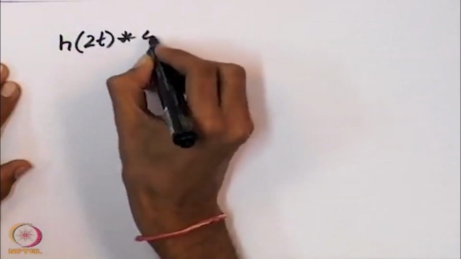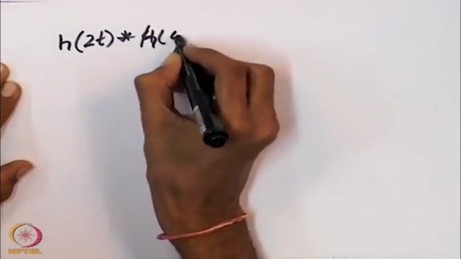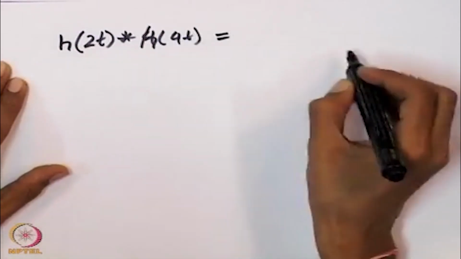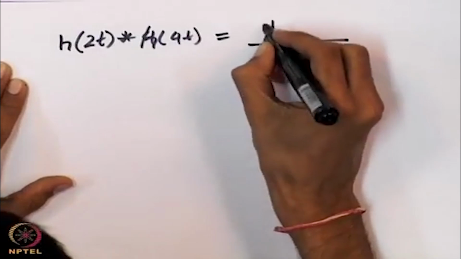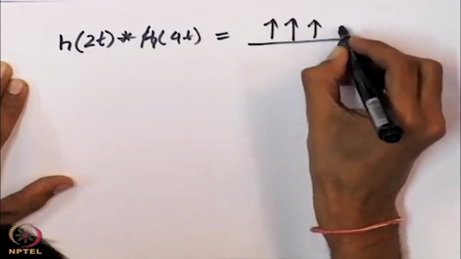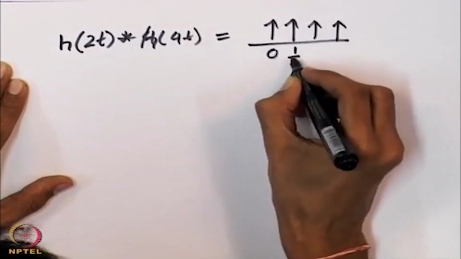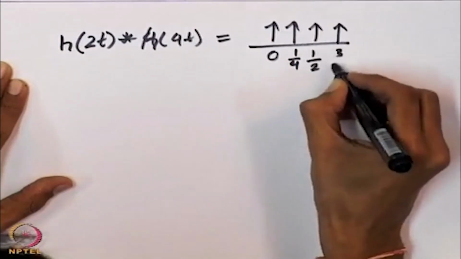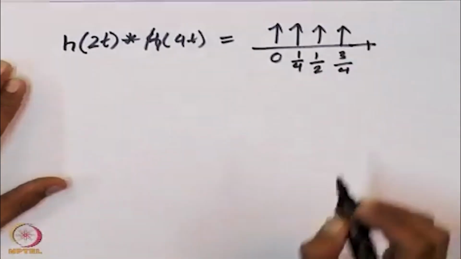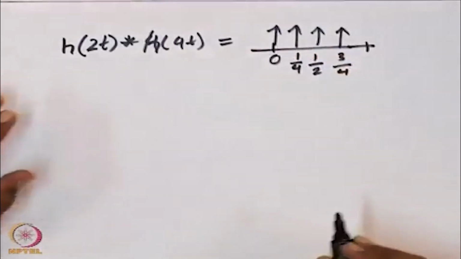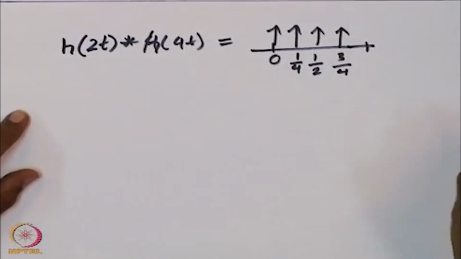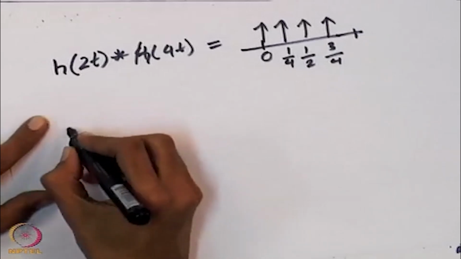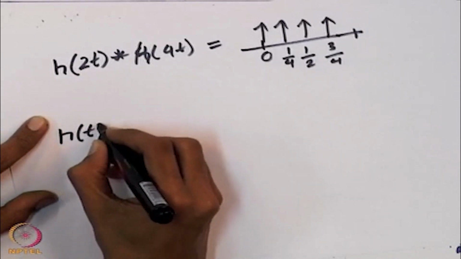Now we have h of 2t convolved with h of 4t, which is a sequence which looks like this. It is a 4-length sequence, and now we try to convolve this with h of 8t.